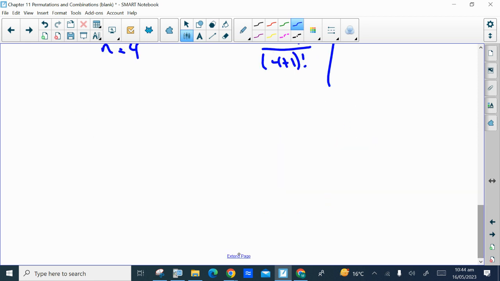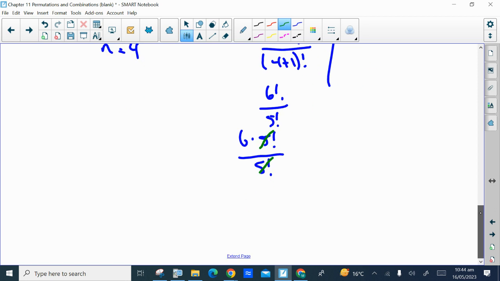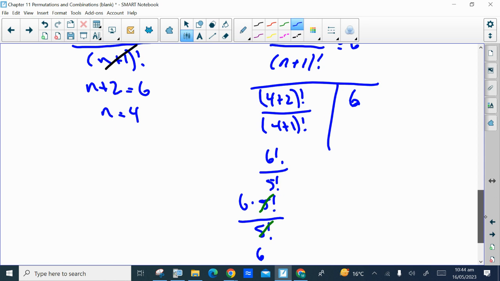So that'll give us 6 factorial over 5 factorial, which does equal 6, because 6 factorial will be 6 times 5, and we could keep going all the way down to 2 times 1, but I will stop with the 5 factorial and put a factorial on it, because that is the denominator. So the 5 factorials will cancel, and you get 6. You get the same thing on both sides. So that just shows that our answer of 4 does work.